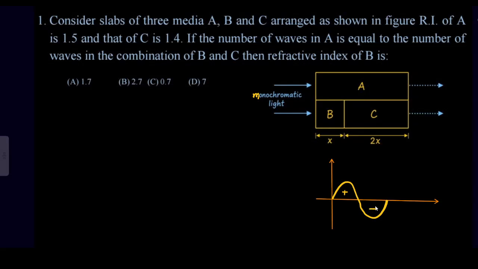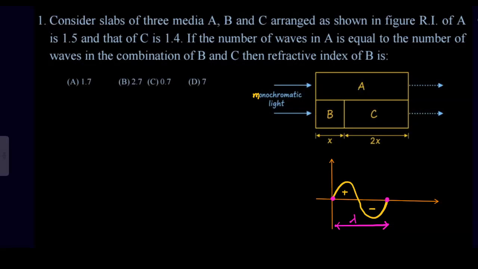A combination of a positive and a negative cycle is called a wave. And from here to here is called the wavelength, lambda. Wherever it starts, we have to come back to the same situation; that length is called the wavelength.